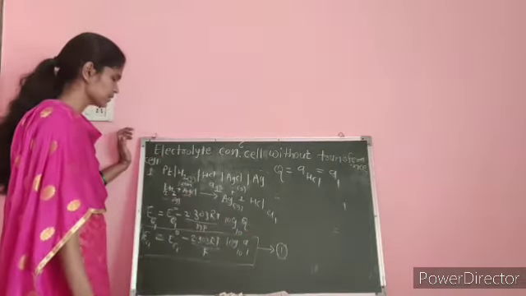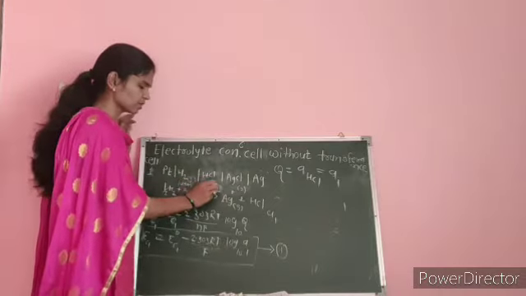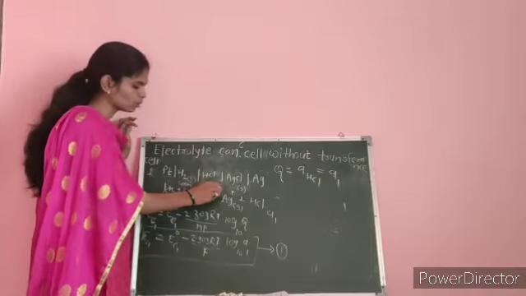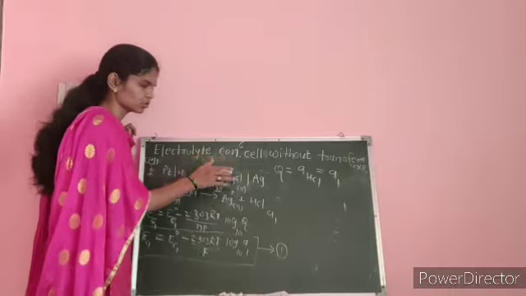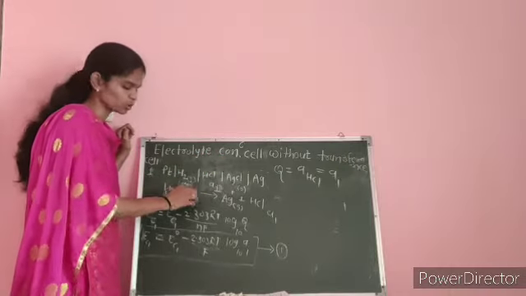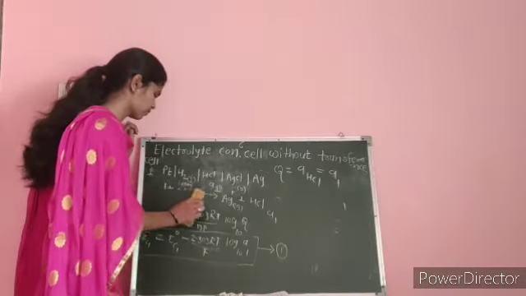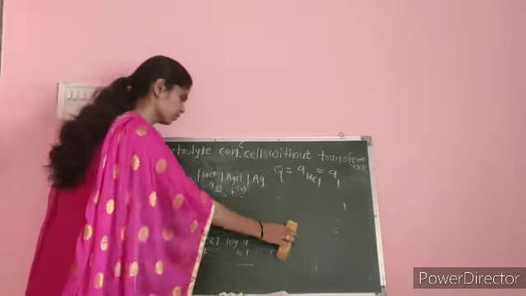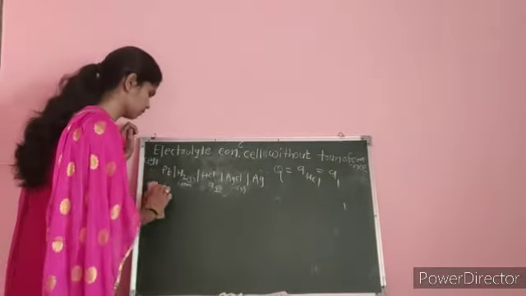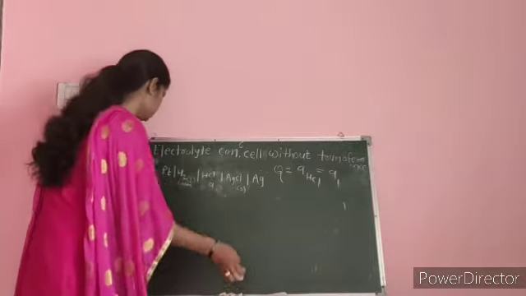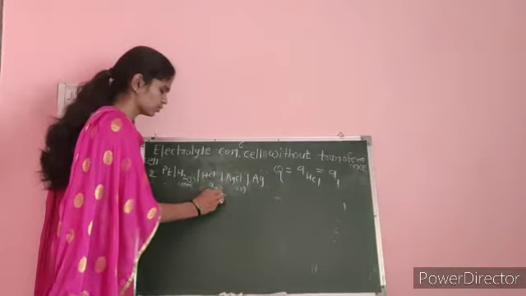Next, the cell is the same, the only difference is the concentration, therefore here we write A2 concentration. In the same way, we first calculate the reaction quotient, and then put it in the Nernst equation. For the second cell, the activity or concentration is A2.